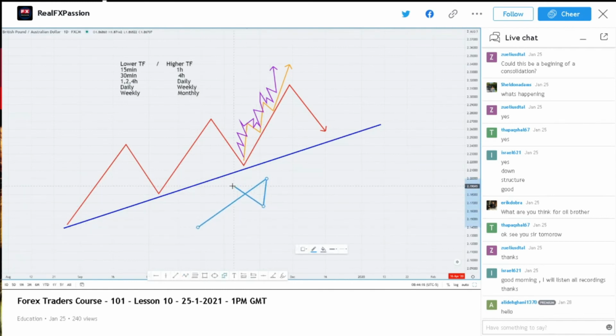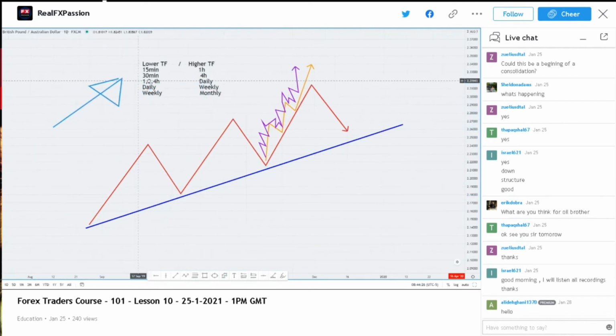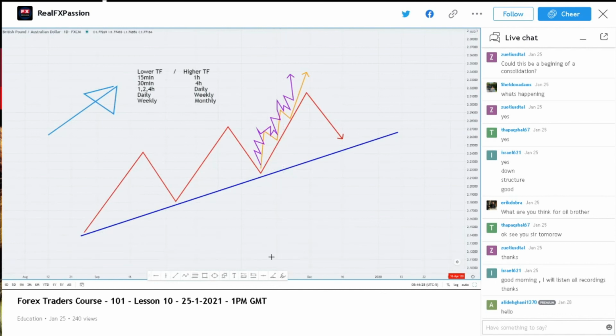Why are we talking about this, everybody? We need to understand that the daily, so we are talking about this relationship right now. The daily is the red one.